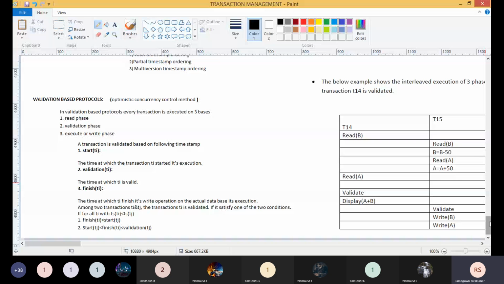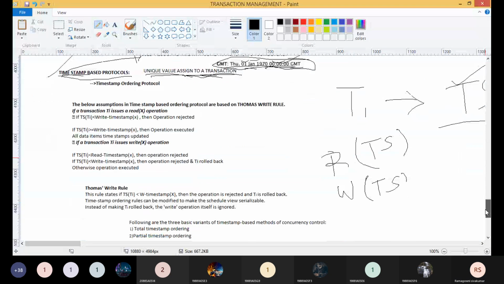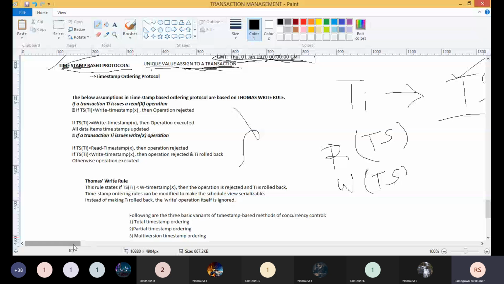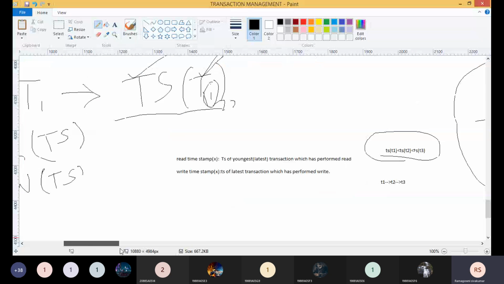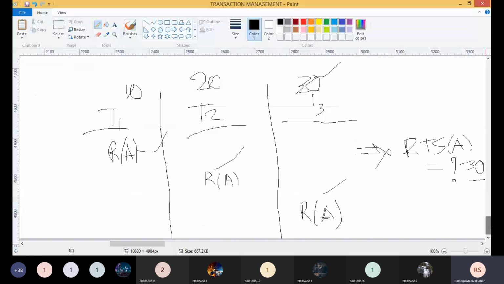Timestamp ordering protocol. So those are the rules we discussed here. Here we have data item A, and if you read data item B, can we consider it or not?